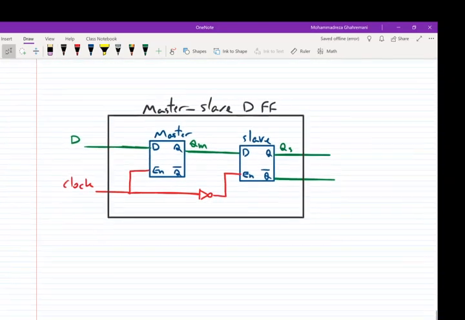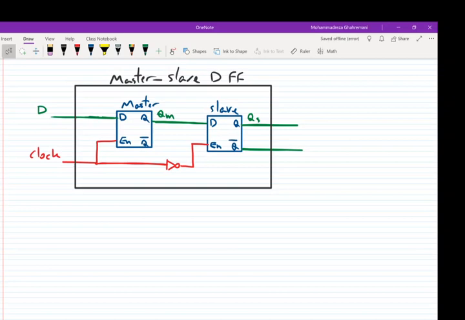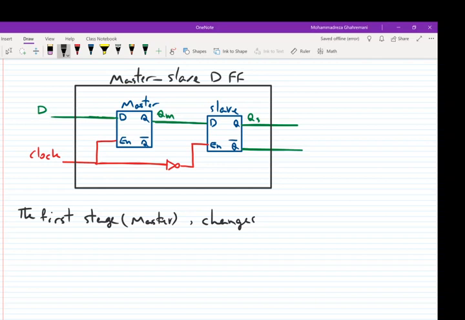The first thing we should know is that the first stage, which we call the master, changes its state while the clock is 1.